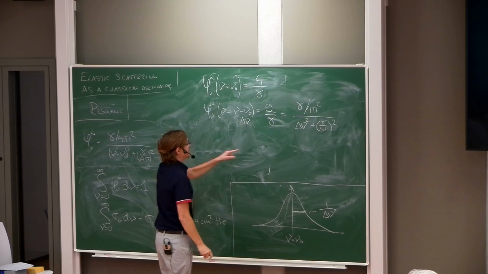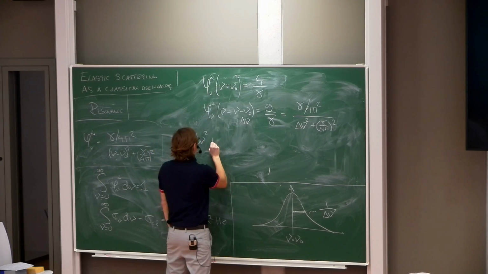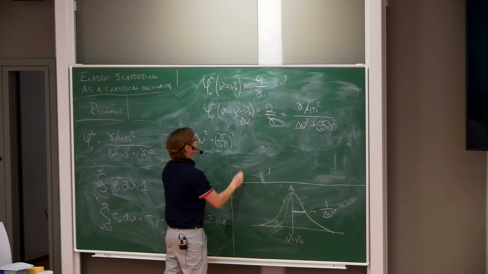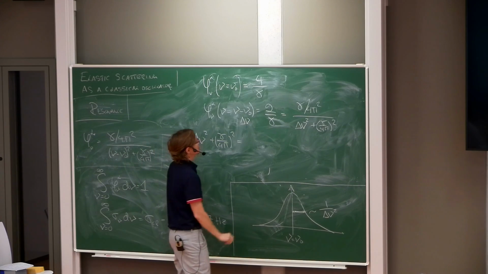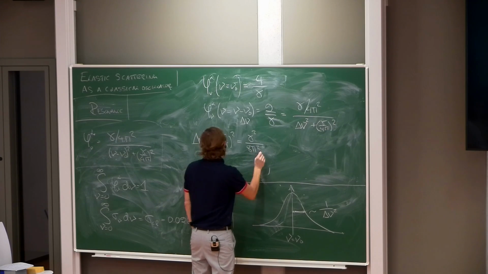Okay, so we take that up, we take this up, we get something on this form, delta nu plus this one squared, and then let's move that up. We have something like gamma squared divided by 8 pi, right?